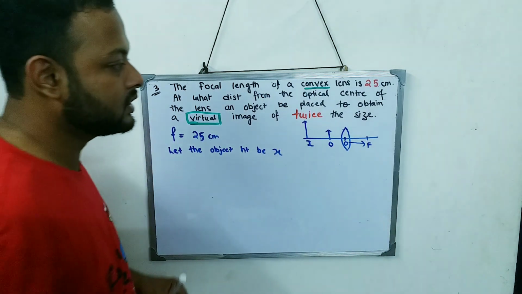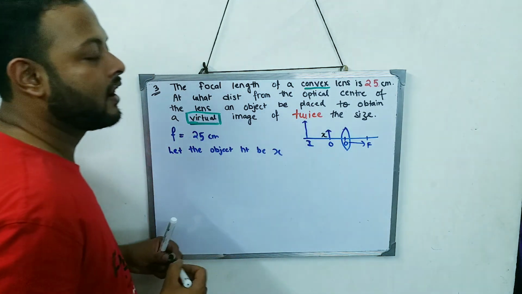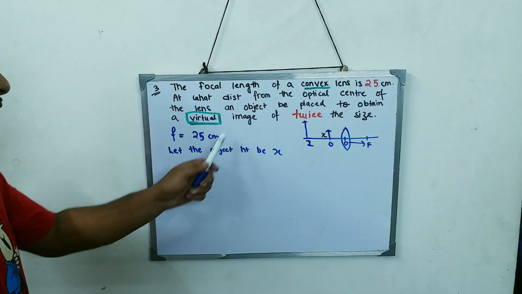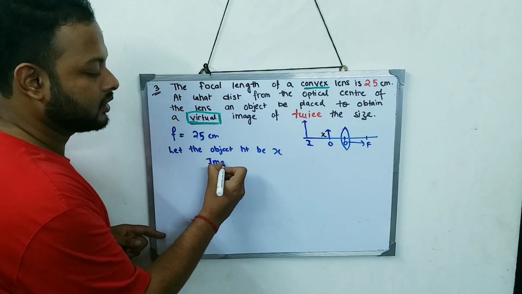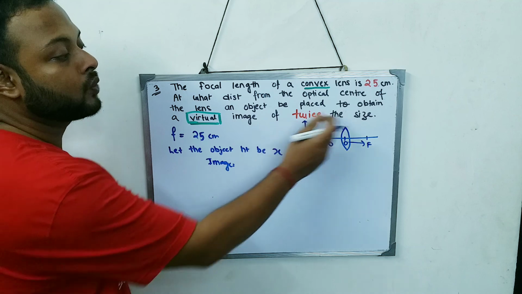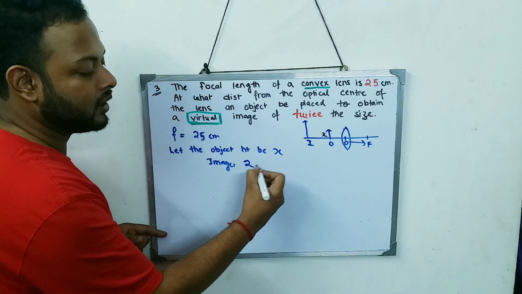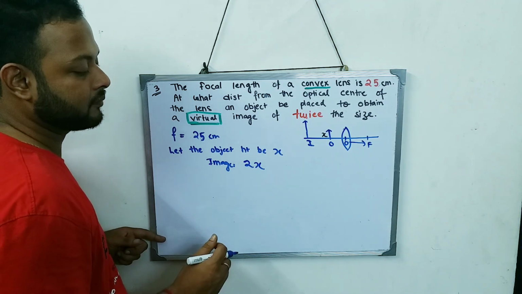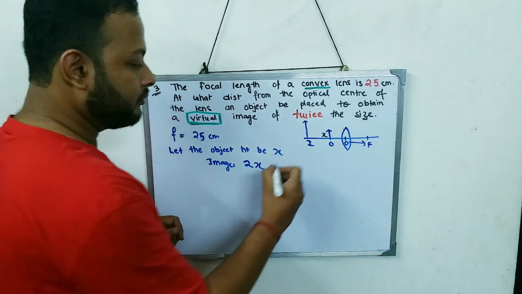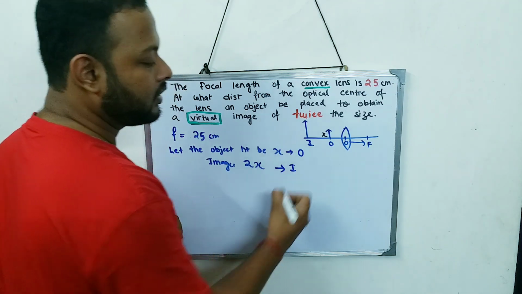So I will consider this height as x, and the virtual image is twice the size of the object. Twice of x. So image is equal to twice x. So this is the value of O, and this is the value of I.